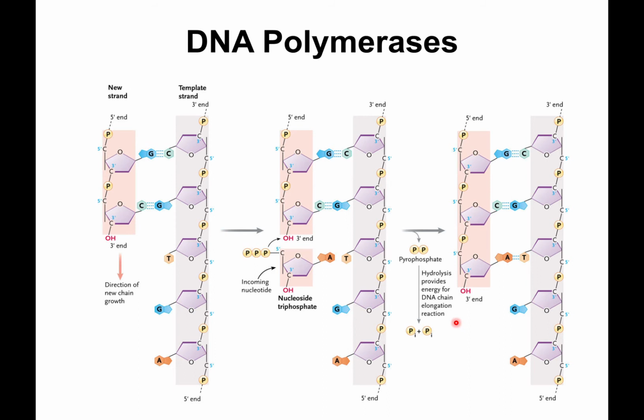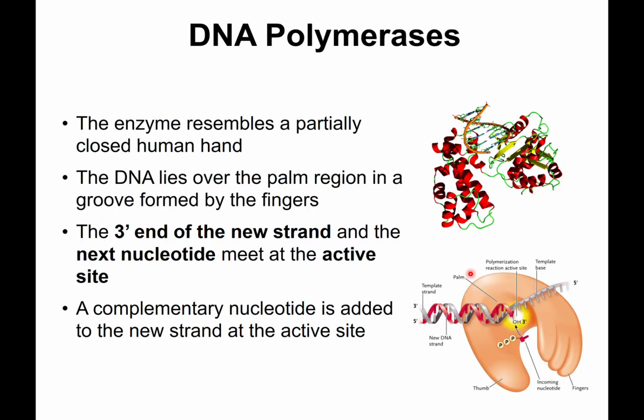So the template gives the information to the DNA polymerase to add the next nucleotide to the growing strand in the direction of 5' to 3' by attaching the next nucleotide to the hydroxyl group in the 3' of the deoxyribose.